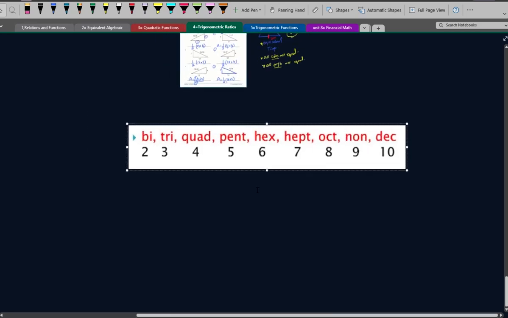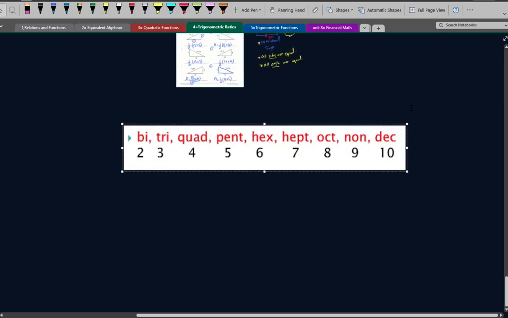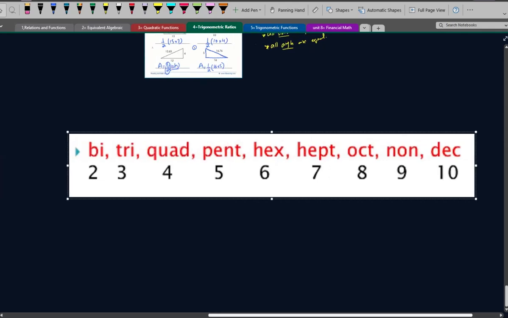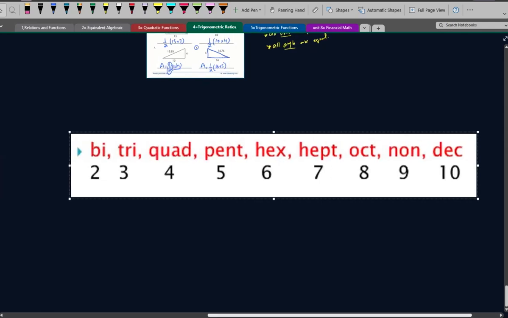Okay. So, can you give me the counting in Greek? What do you call the Greek prefixes, starting from tri up to the deca? Be quick.